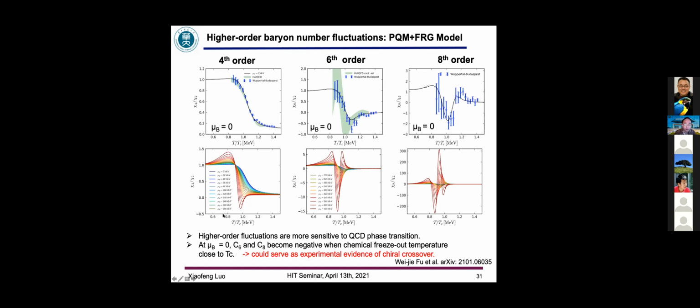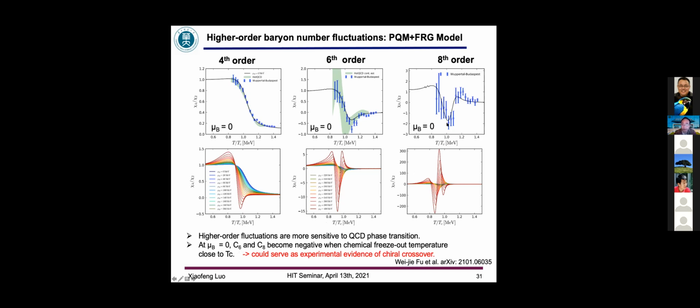And in this computation, they also compute to higher mu-B values. You see, the higher mu-B, you see larger oscillation behavior. That means at higher mu-B, the fluctuations are larger, and the higher order fluctuations get a stronger signal. And the C6 and the C8 may become negative.